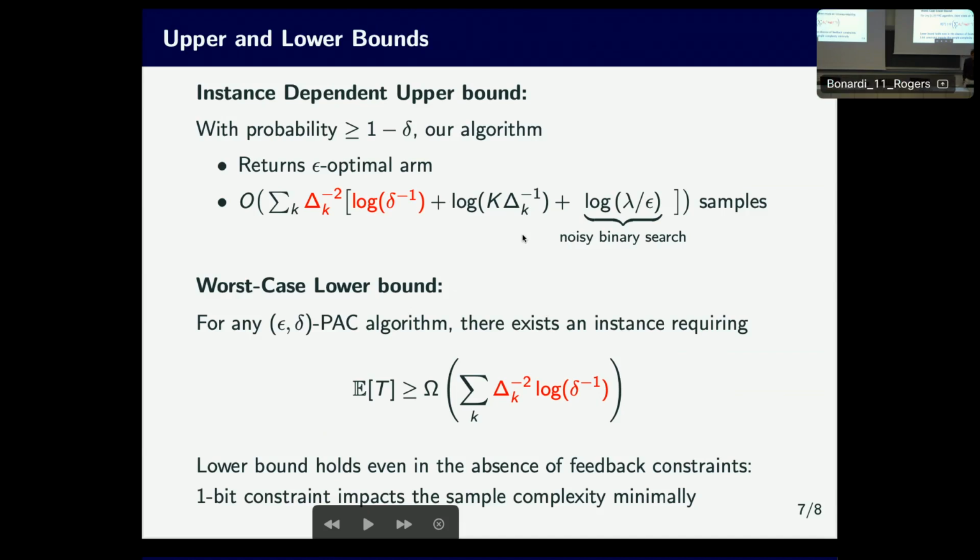That means these lower bounds will hold even if you remove the communication channel constraint. What that tells us is that, at least for the quantile bandit problem, adding this extra 1-bit constraint doesn't affect the complexity much.